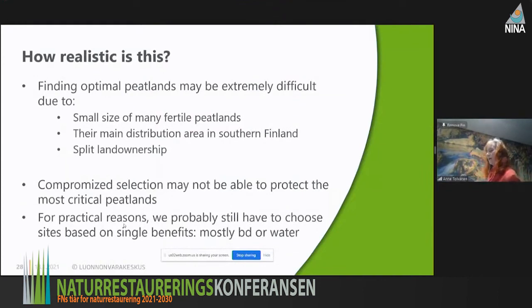They are mostly located in southern Finland, where we have most population, very split land ownership. So I would say that it's almost impossible to concentrate restoration only on these peatlands because they are so fractured here and there. So this kind of compromise selection may not be possible. So for practical reasons, we perhaps still have to choose sites based on single benefits.